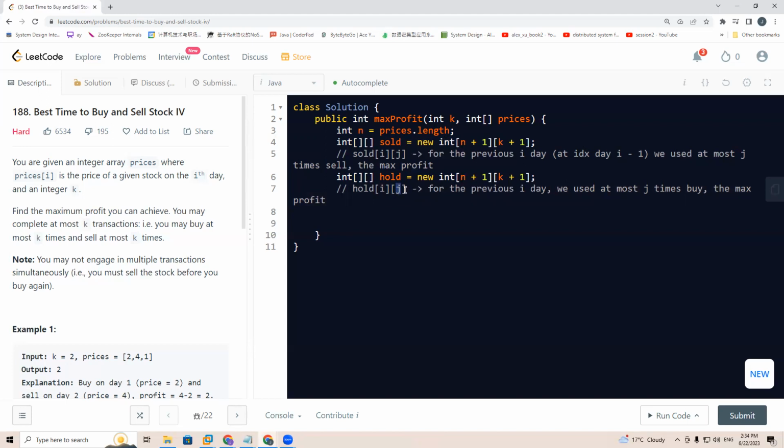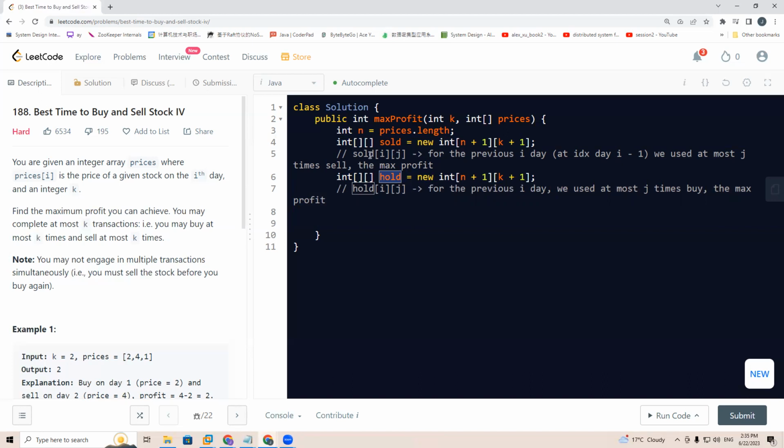That is, it may happen before, I mean at day index i minus 1, before or equal to this day. The same thing applies to hold: we have bought by j times, or we need to buy at this day. So this is the physical meaning.